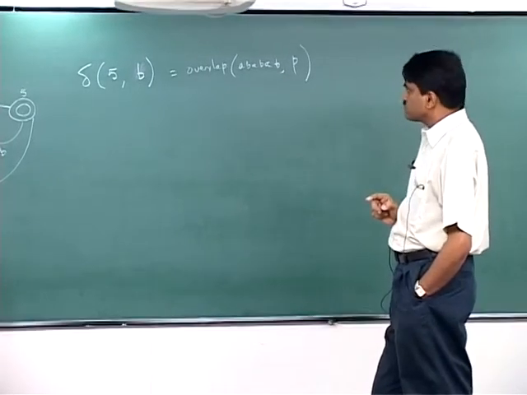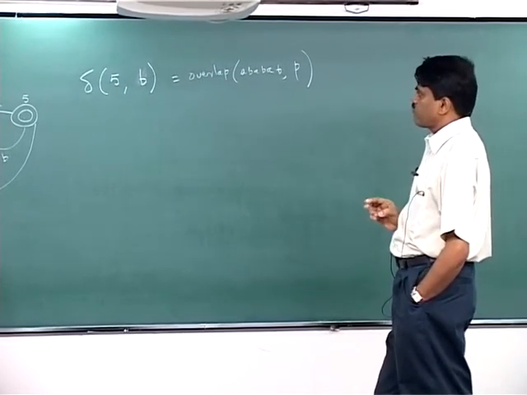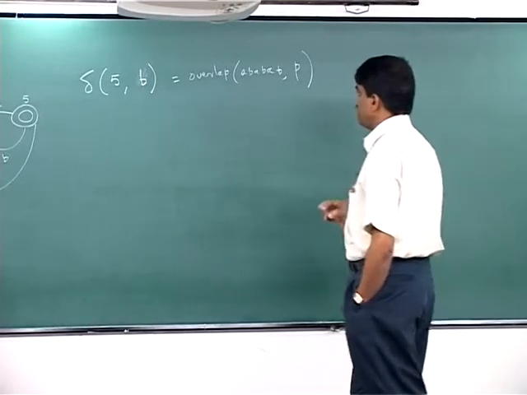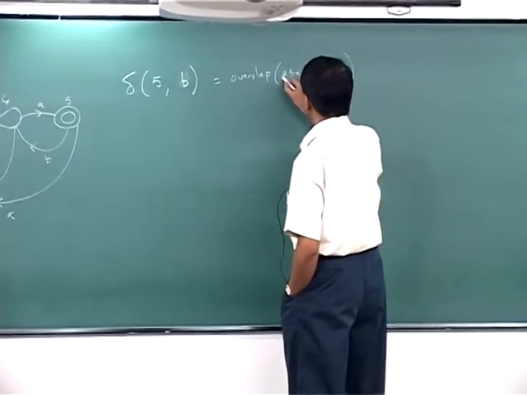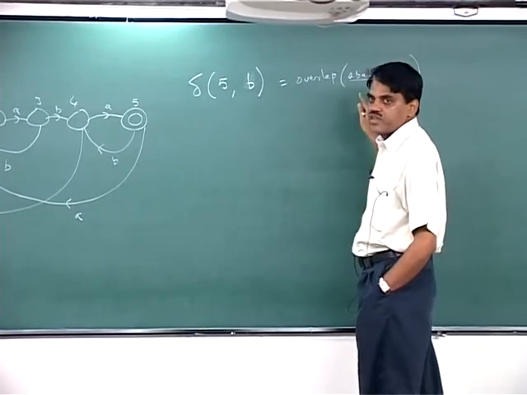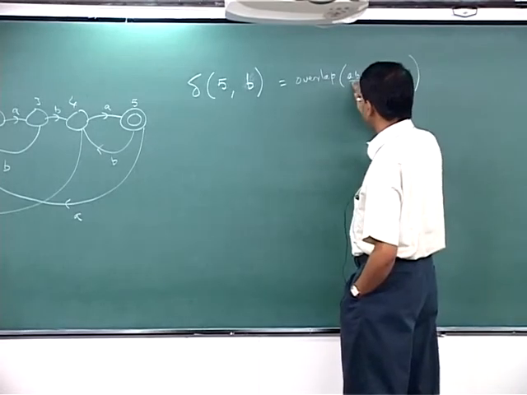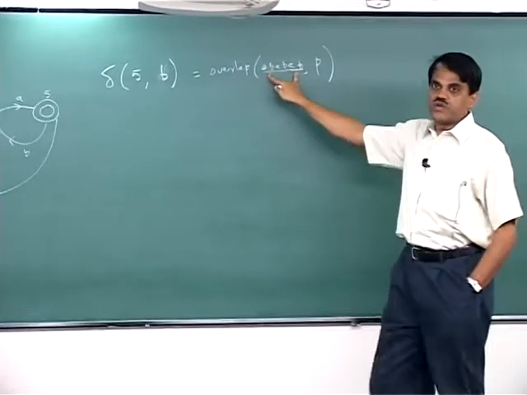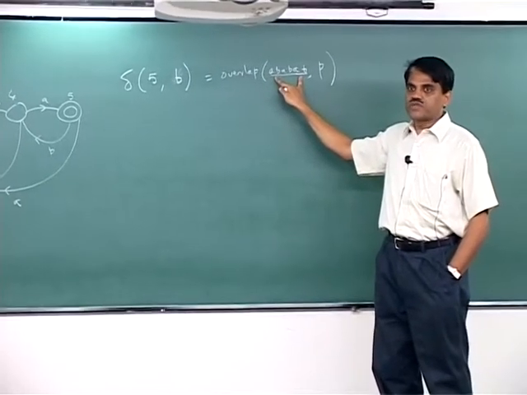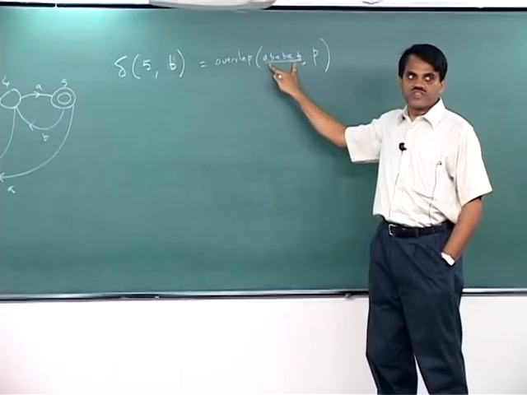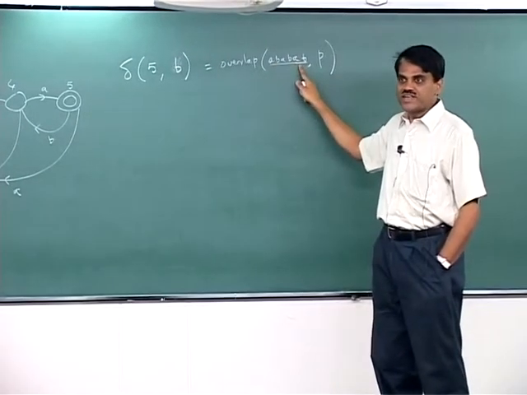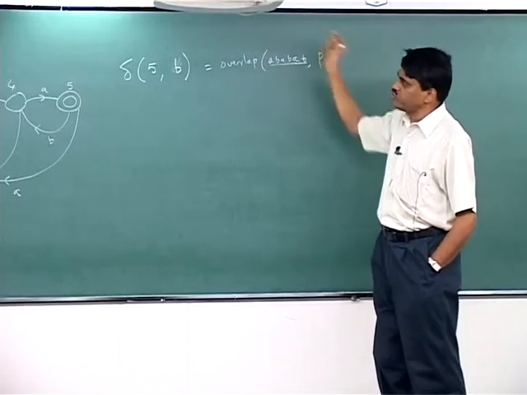I am saying I have seen ABABA, now I am seeing B. So, this is all I have seen, right. What is the largest proper suffix of this, which is the prefix of the pattern? Well, that is actually ABAB. So, that means I have already seen 4 symbols. So, I go to 4.